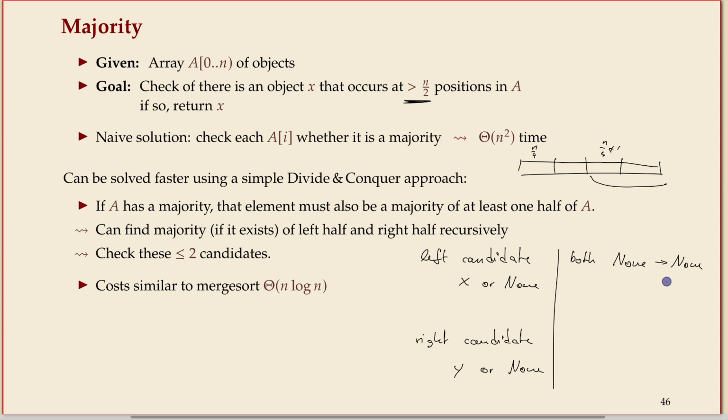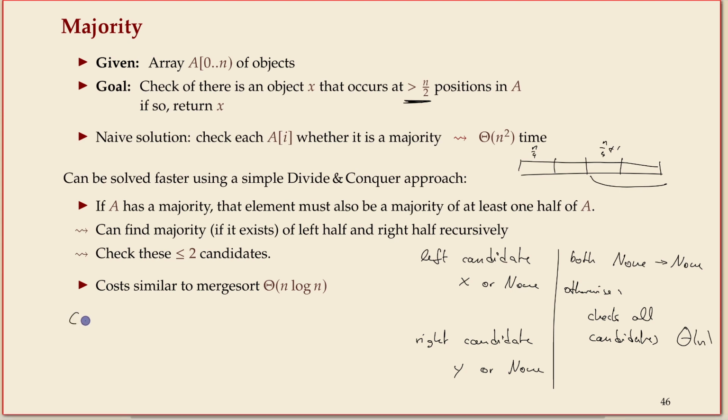Otherwise, we have a candidate or two. So the check is, again, as before, we compare it with every other element, but we're only doing this with at most two elements now, two candidates. So that has linear time. And if you write down the recursion, you'll see it's exactly as in merge sort.